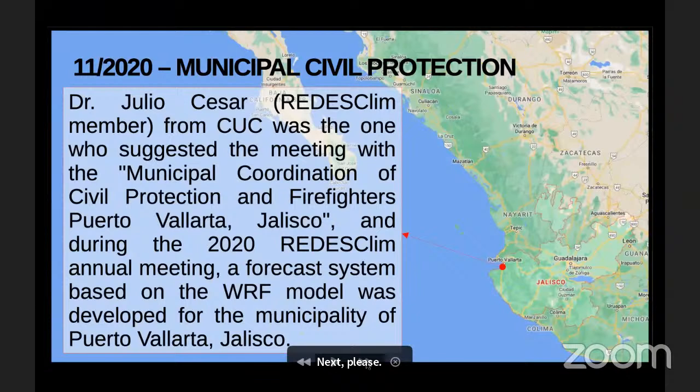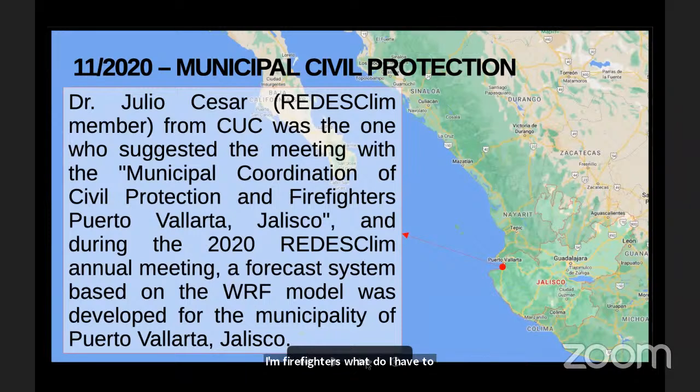November 2020, Dr. Julio Cesar, also a RedSclean member from the University Center of the Coast, was the one who suggested the meeting with the Municipal Coordination of Civil Protection and Firefighters of Puerto Vallarta, Jalisco.